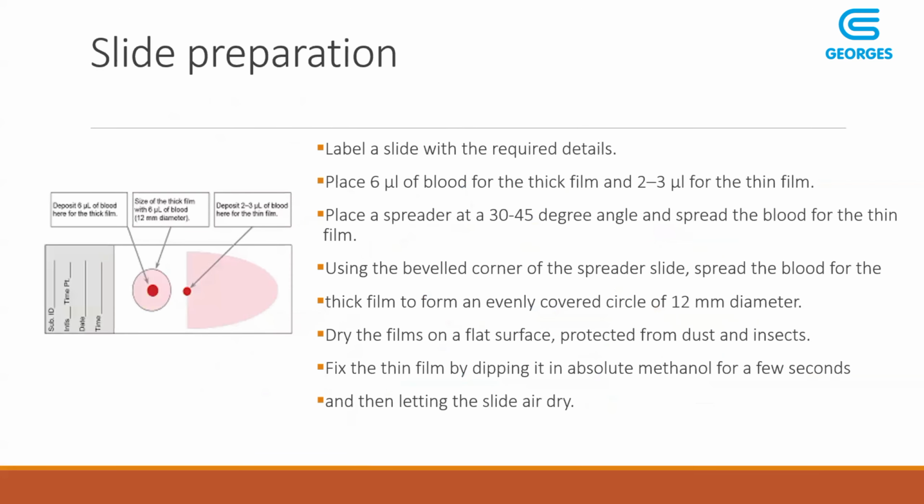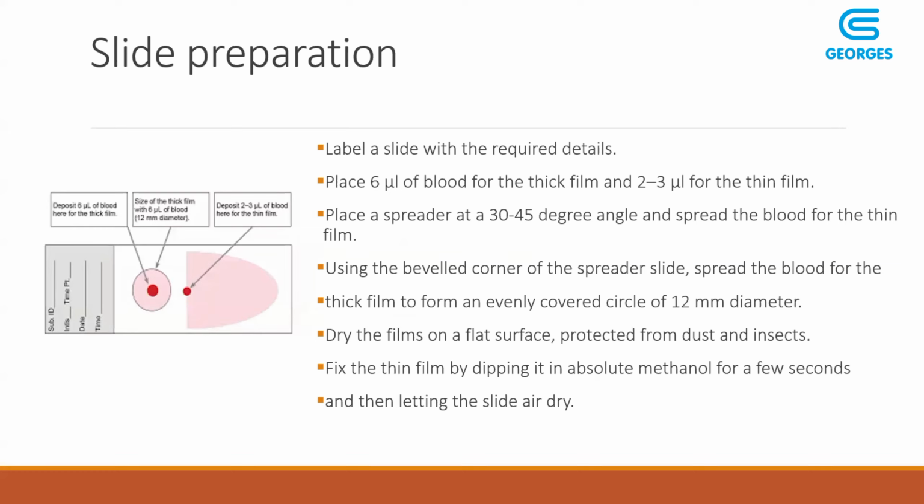So let's quickly look at slide preparation. After collecting your blood, you need to make a smear that is a thick and a thin film. Before you make your smear, you need to label the slide with the required patient identification details. Make sure that your slide is clean and has no cracks or anything else.